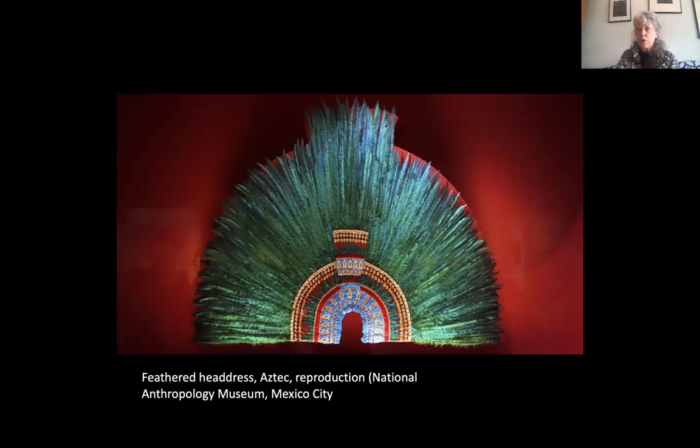In fact, he stole one and took it back to Spain, and it ended up in a museum in Austria, but there's a replica in Mexico City of that headdress. So the Chaco Canyon people also thought this was wonderful, and apparently they imported macaw birds to New Mexico to raise them, specifically to get the feathers to make feathered headdresses of this sort.